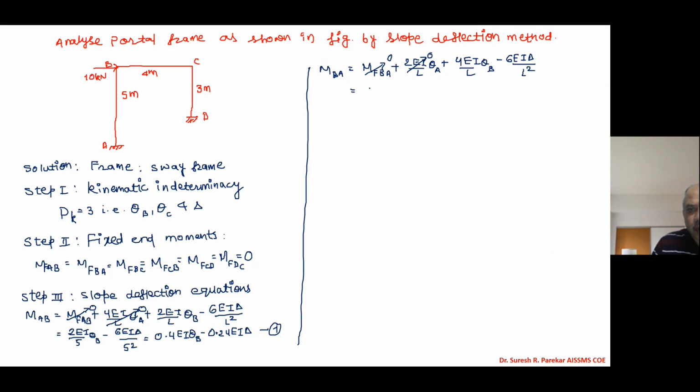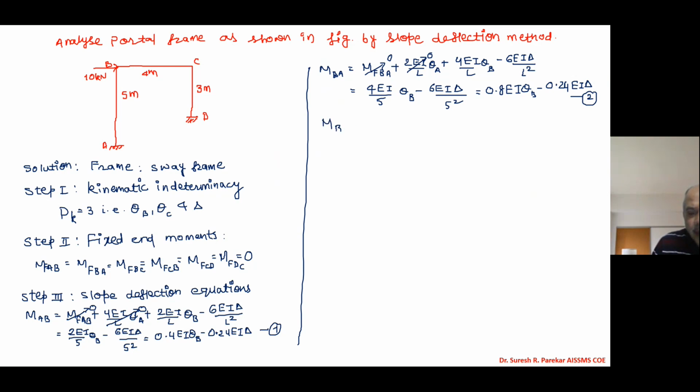So we have 4 EI by 5 theta B minus 6 EI delta upon 5 square, and we will get it as 0.8 EI theta B minus 0.24 EI delta. This is equation 2.